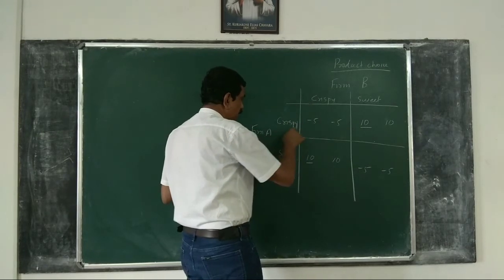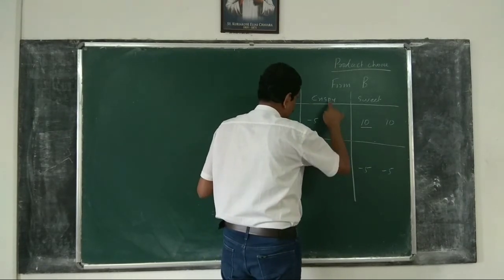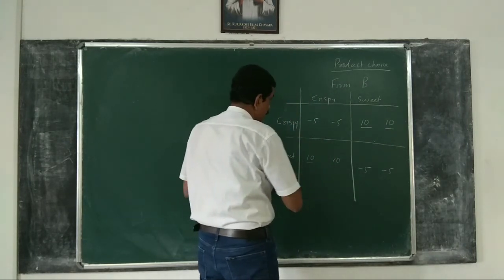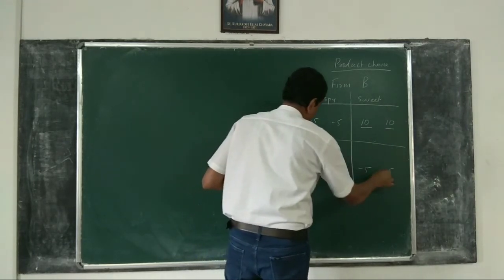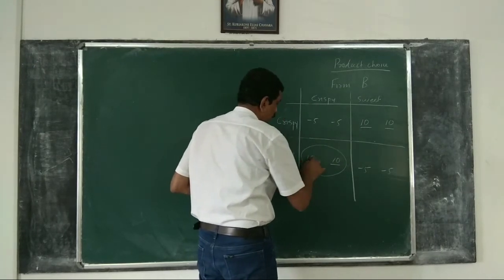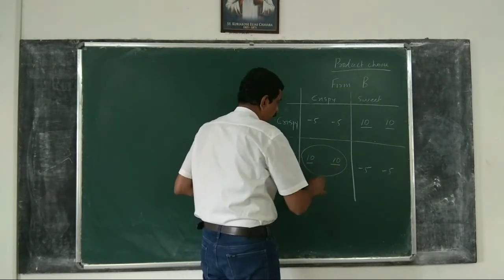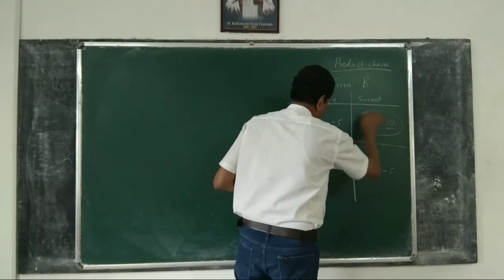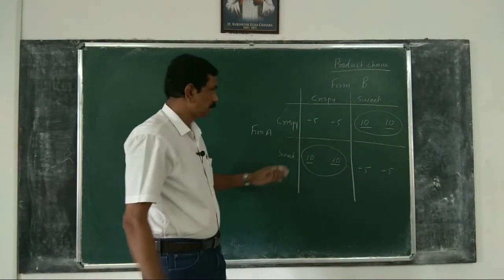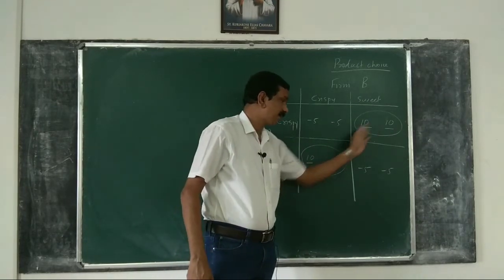If B assumes that A will introduce crispy -5, sweet 10. Sweet, crispy 10, otherwise -5. So both entries are underlined here, and both entries receive underline here also. So we have two Nash equilibria.